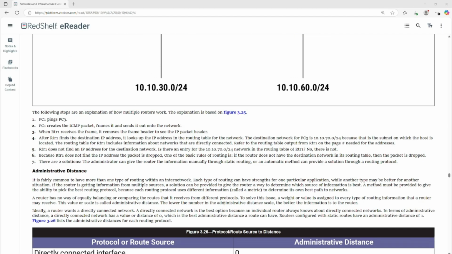Administrative distance is a weight or value assigned to every type of routing information that a router may receive, to be able to determine which source of information is best.